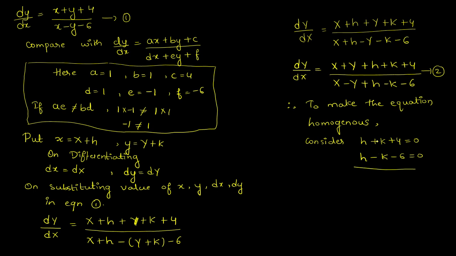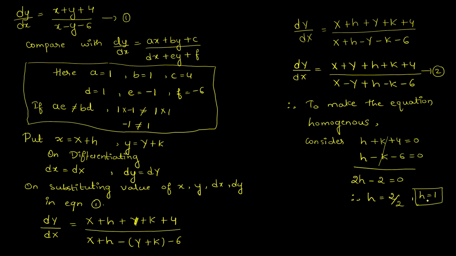So we can see that k is plus and k is minus here, so these both get cancelled. So what you get is h plus h, that is equal to 2h, and plus 4 minus 6 will give you minus 2 equals 0. And therefore the value of h in this case will be 2 divided by 2, and this gives us a value of h equals 1.